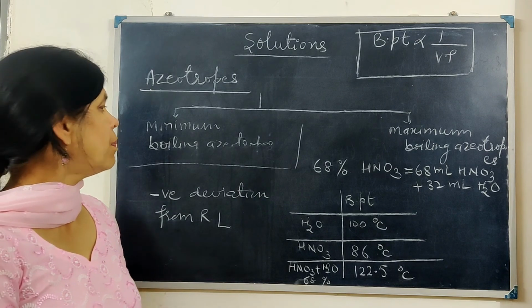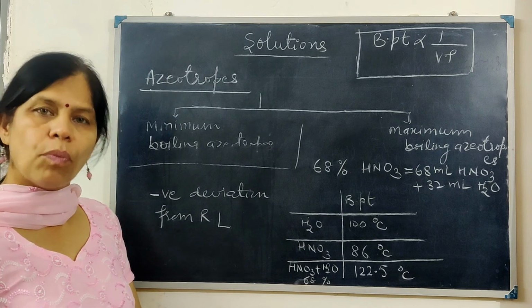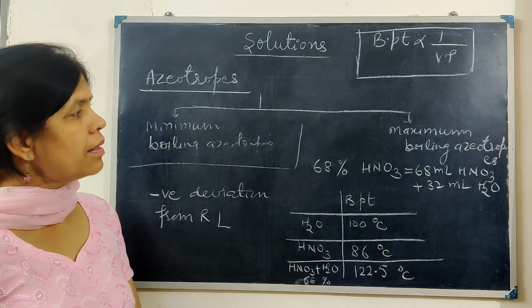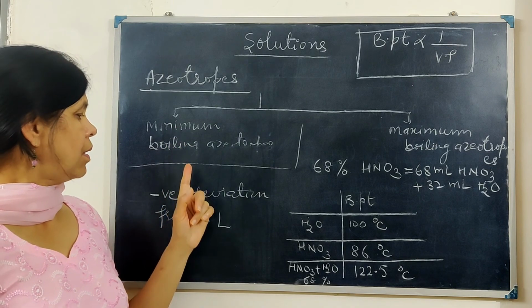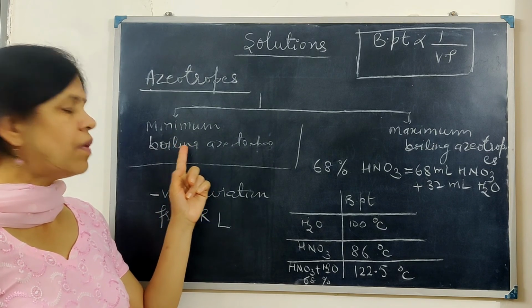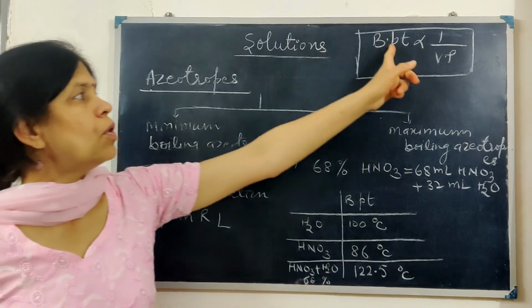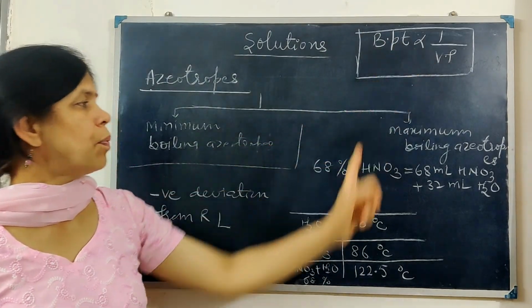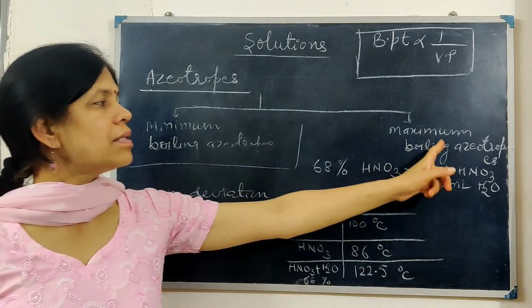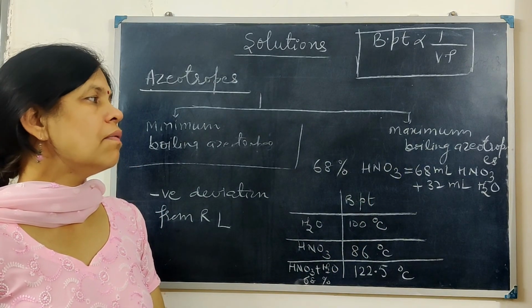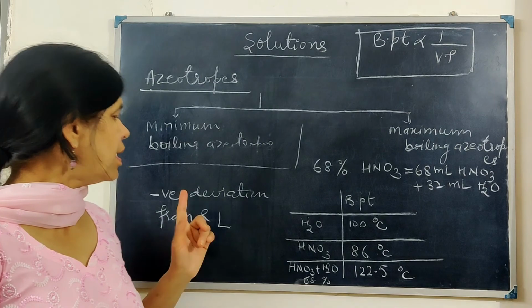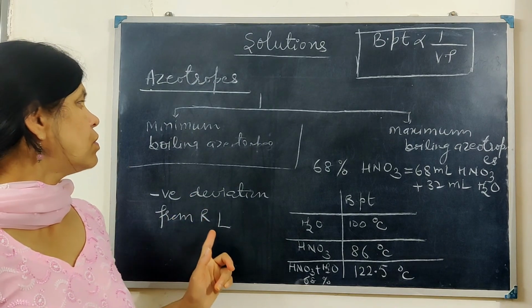They are of two types, minimum boiling azeotrope and maximum boiling azeotrope. Just learn that the minimum boiling one will be shown by those solutions which show positive deviation, because boiling point is inversely proportional to vapor pressure, whereas maximum boiling azeotropes will be shown by those which show negative deviation from Raoult's law.